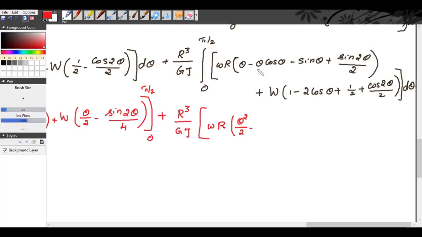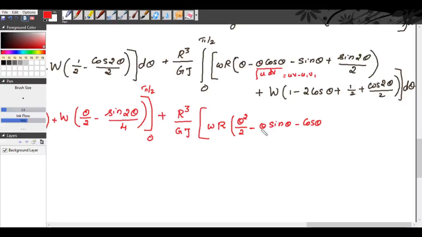So it is of the form u into dv. Integration of u into dv is equal to uv minus integration of u1 v1.